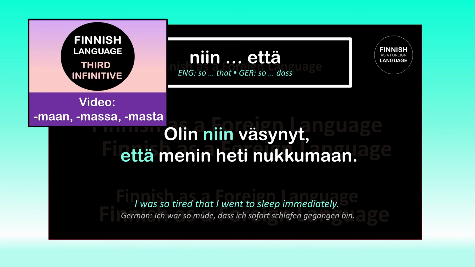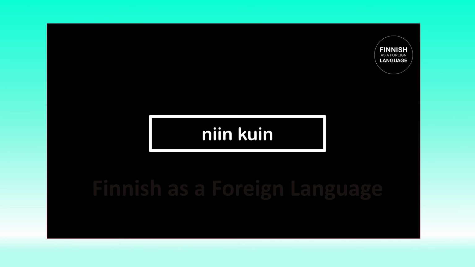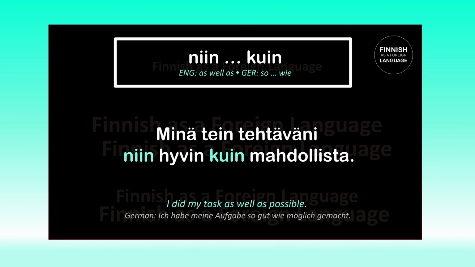Our next one is niin kuin. For example, minä tein tehtäväni niin hyvin kuin mahdollista. I did my task as well as possible. Let's go step by step. Minä means I. Tein is the first person singular past tense of the verb tehdä, which means to do.